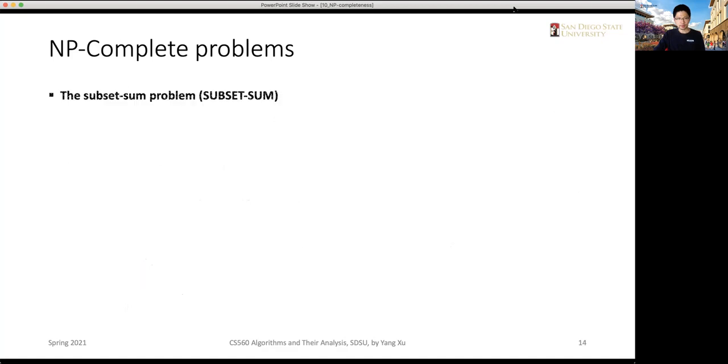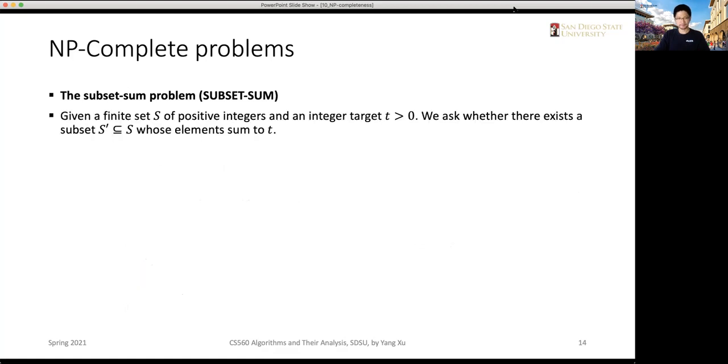Okay, and the second type of NP-complete problem is called the subset sum problem, and it's actually easier to understand. It looks very simple, but actually it's very hard to solve.